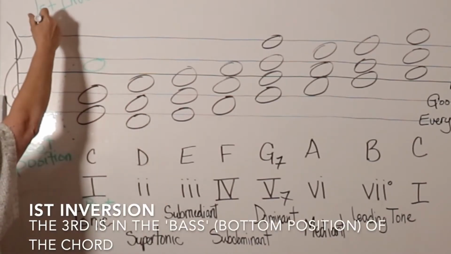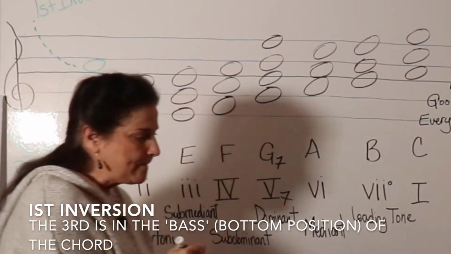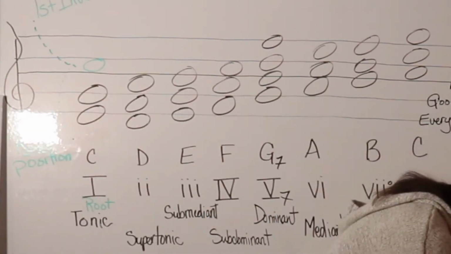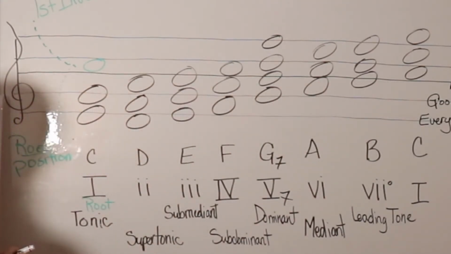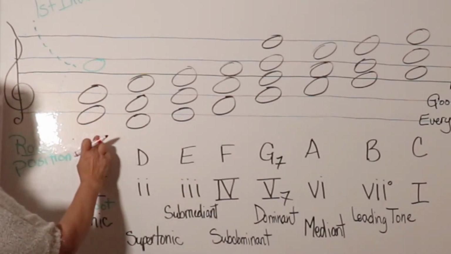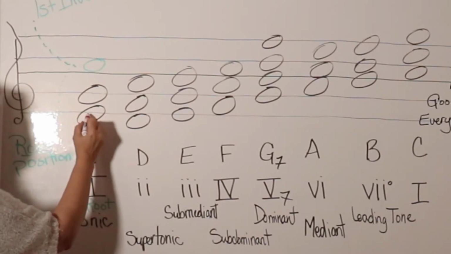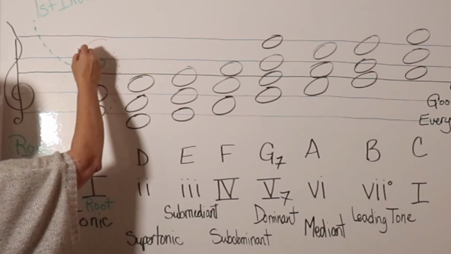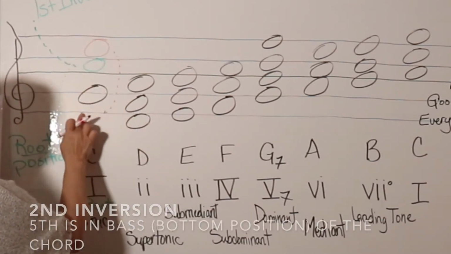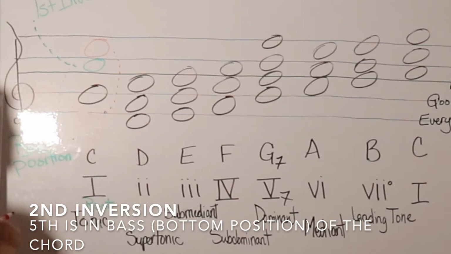And now we have first inversion. Now we have second inversion. We take the third. Remember, C was 1, D was 2, this is 3, and we put that on top. The fifth is in the bottom position.